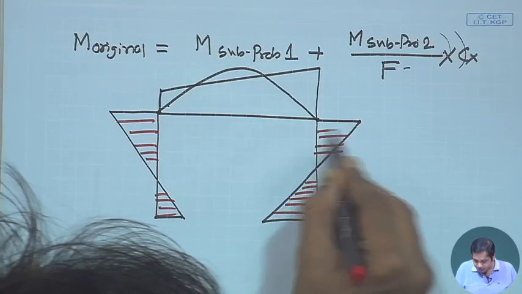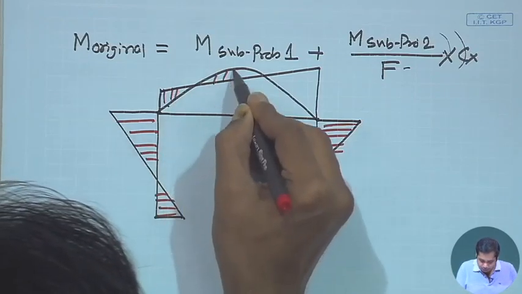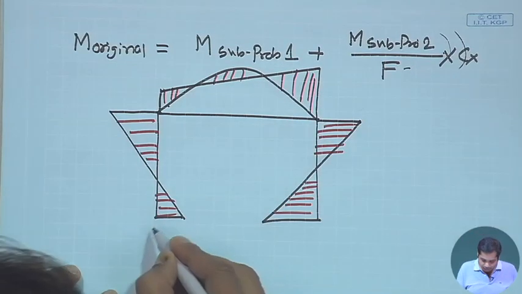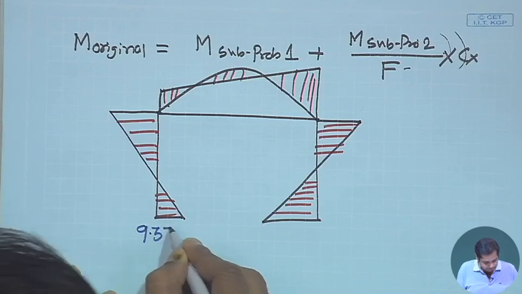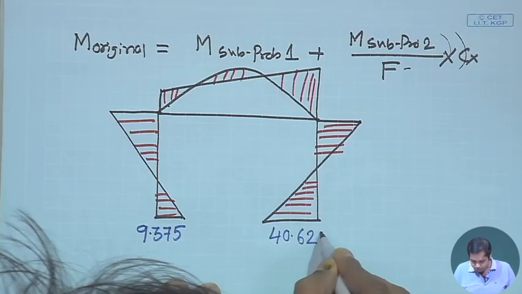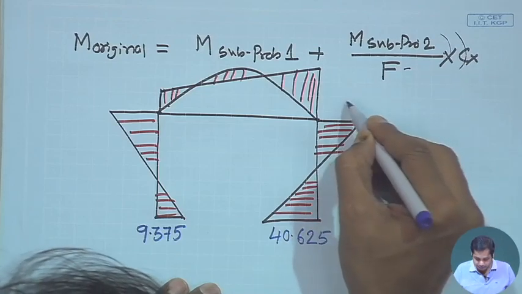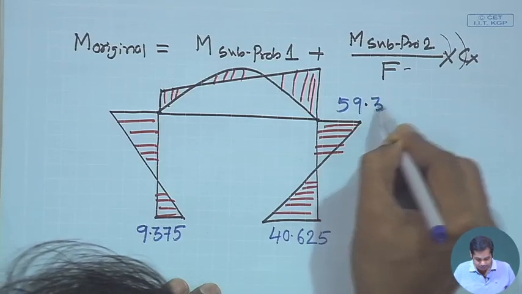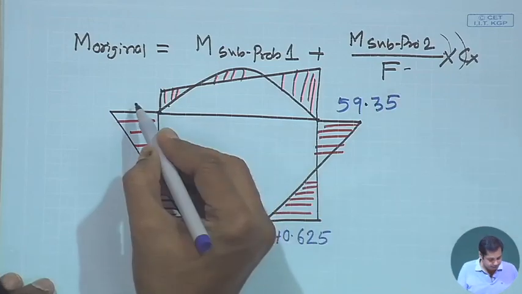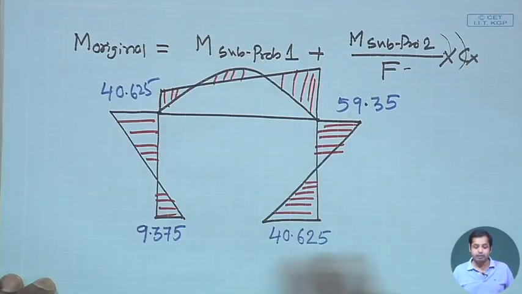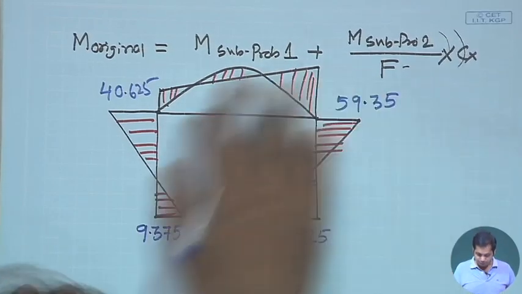In the previous case it was symmetric, but now it won't be symmetric. Okay. The values are, you get, this is 9.375, this is 40.625, this is 59.35, and this is 40.625. This will be the bending moment diagram, corresponding bending moment.